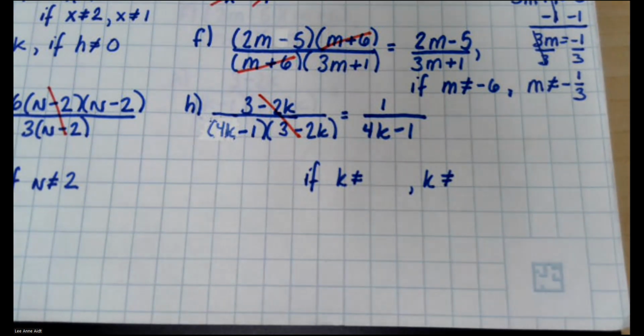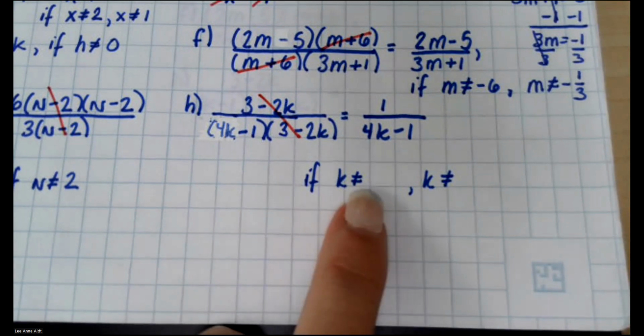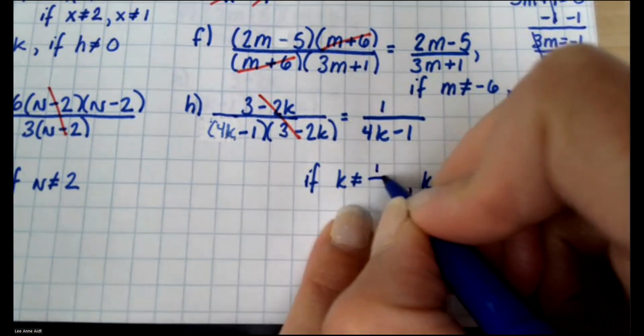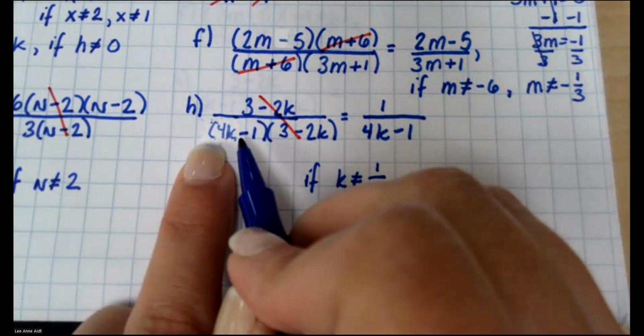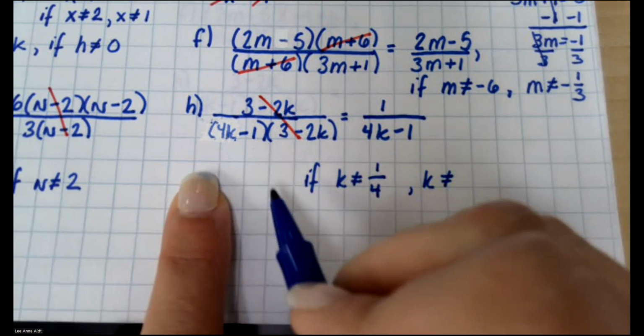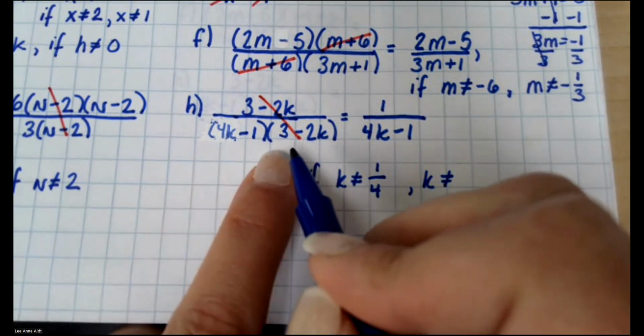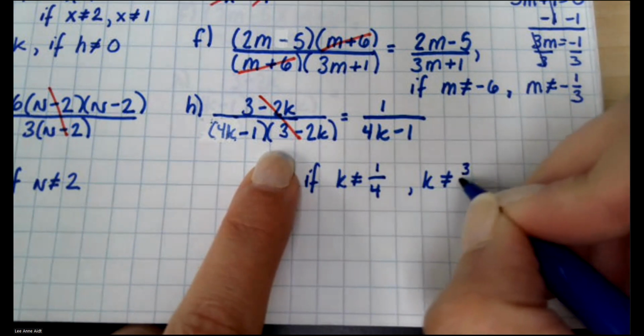I don't say that very often, but okay, the first one is positive 1/4. What I do in my mind is I just add 1 to both sides, divide by 4. This one's a little bit harder. The answer for this one is positive 3/2.